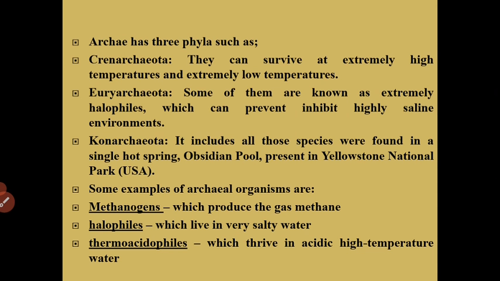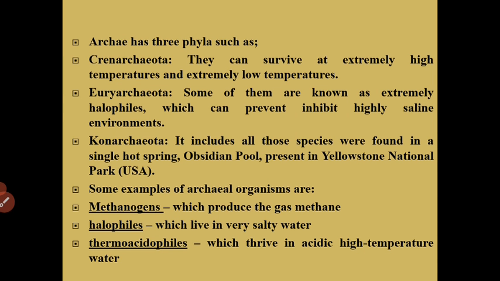This is the difference. Now Archaea, they have 3 phyla: Crenarchaeota, Euryarchaeota, Korarchaeota. Crenarchaeota can survive at extremely high temperatures and extremely low temperatures also.